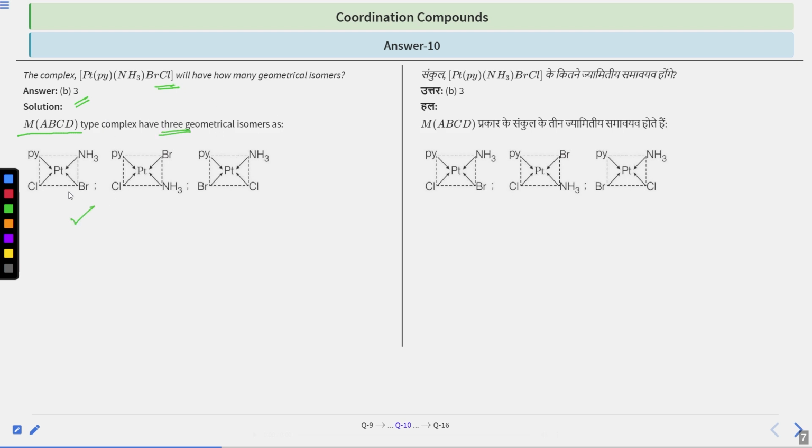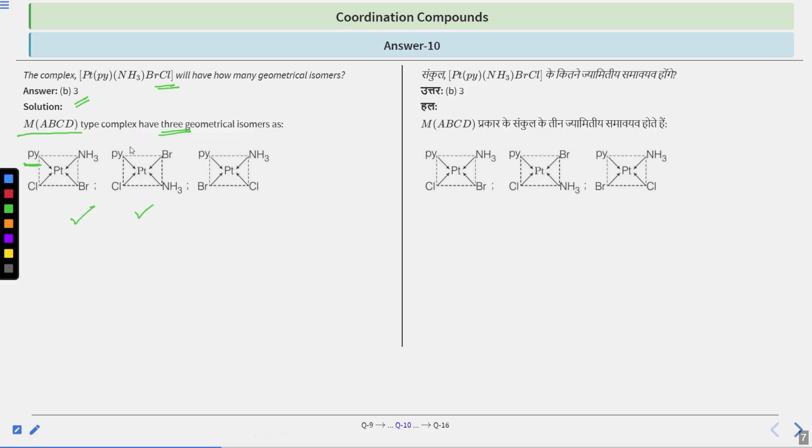As you can see, in the first one we have platinum, pyridine, NH3, Br, Cl. Then we fix the position of the pyridine and interchange the positions of the rest of the ligands. Then we get this structure: platinum, pyridine, bromine, ammonia, chlorine.